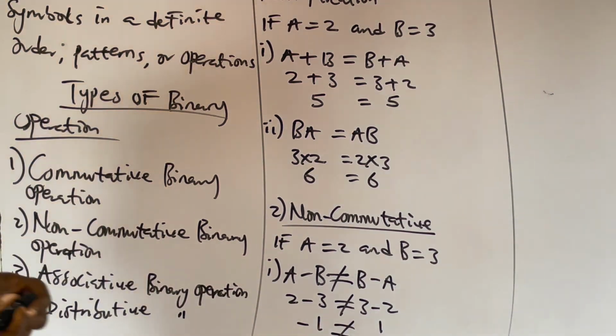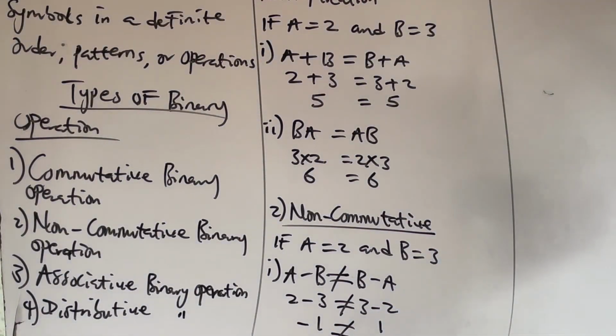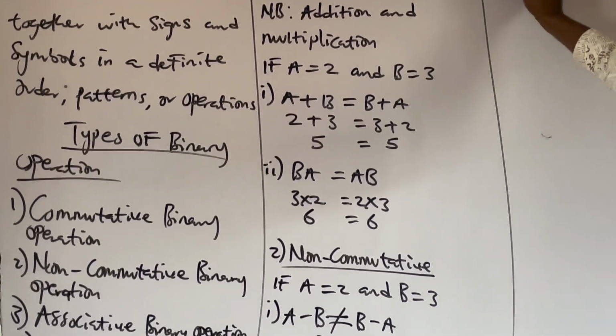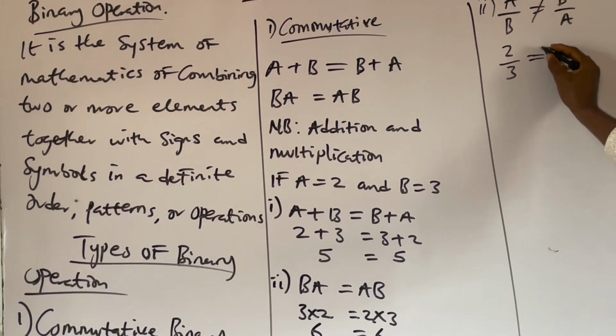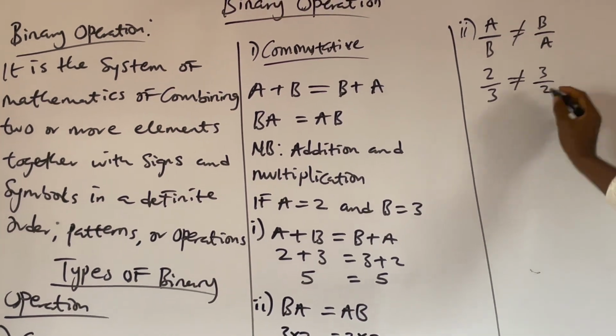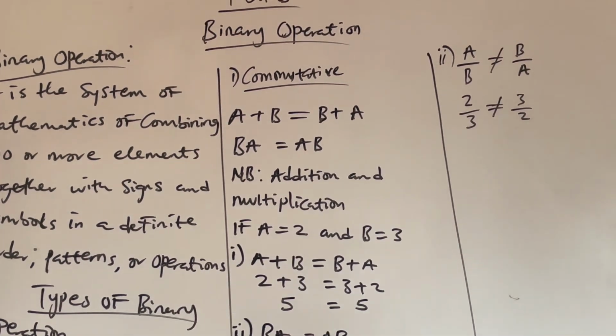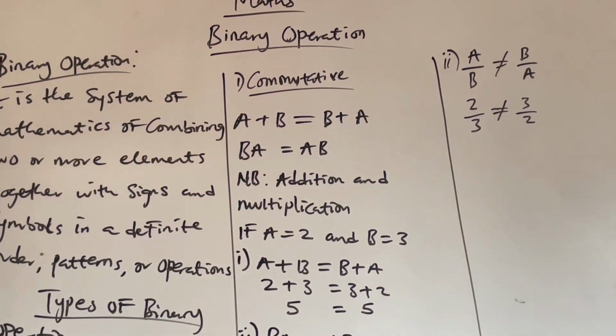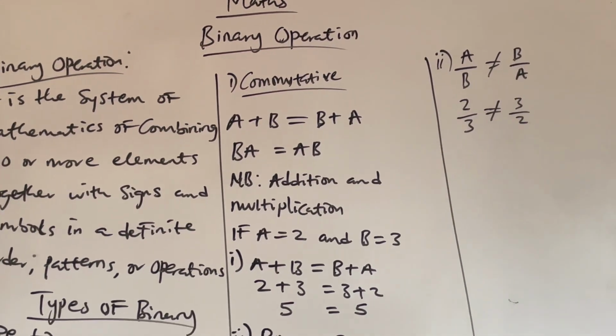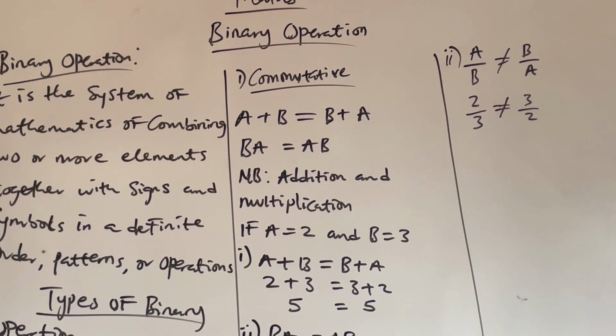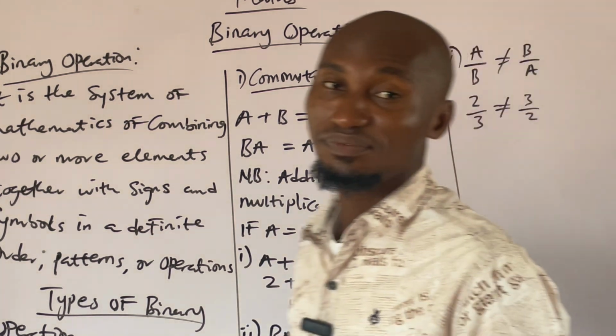This is non-commutative. Now, A divided by B is not equal to B divided by A. Our A is 2 and our B is 3. 2 divided by 3 is not equal to 3 divided by 2. There are two different answers. So this is non-commutative.